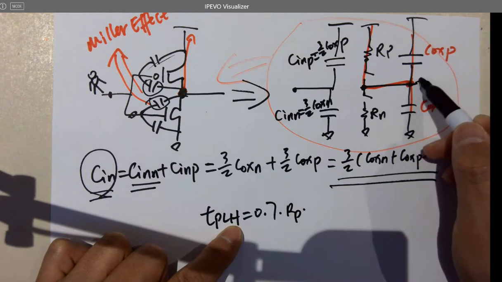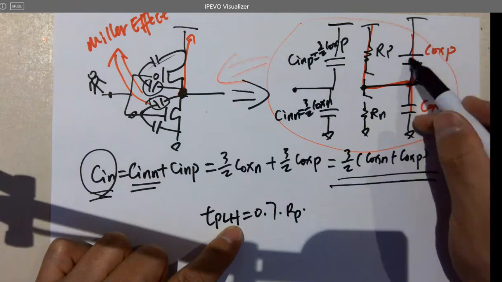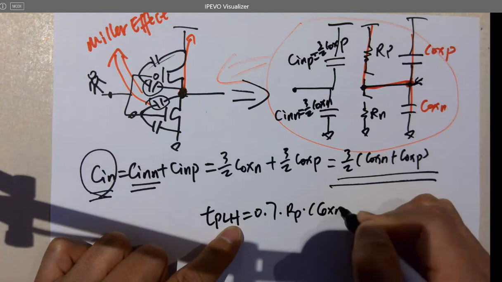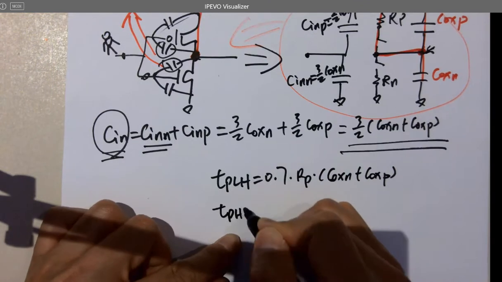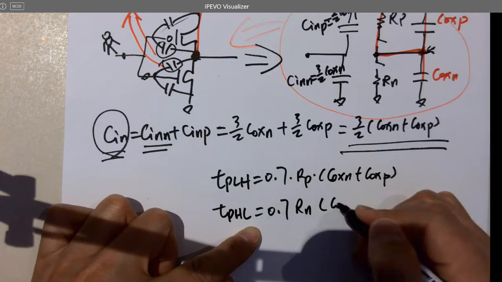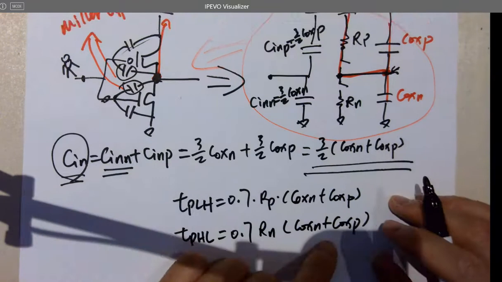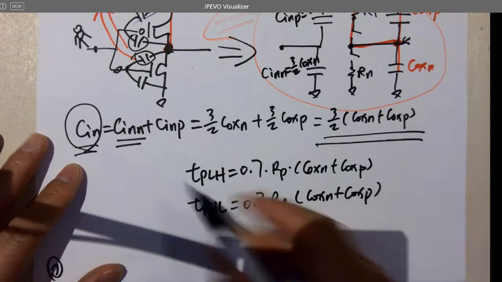What's the capacitance load being added to this pin? Both of them. So the capacitances are the same, but the resistance is not the same. All right, keep in mind.